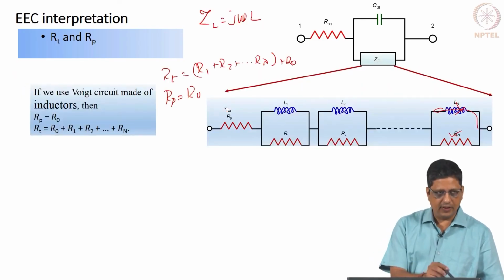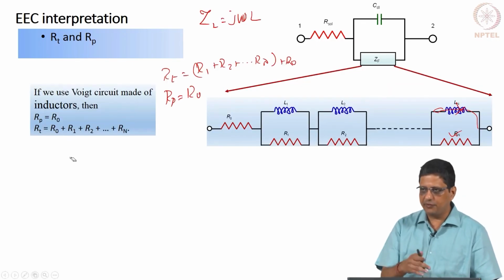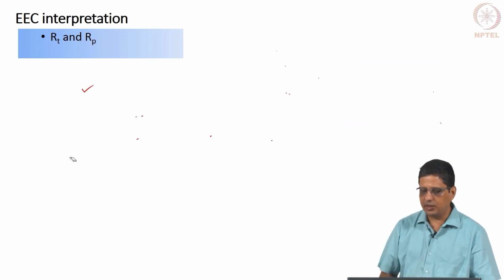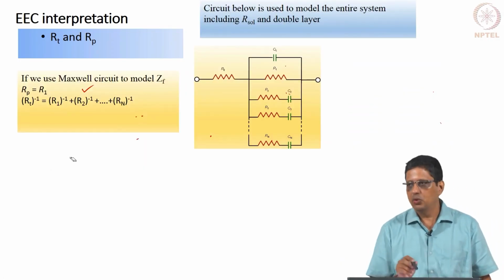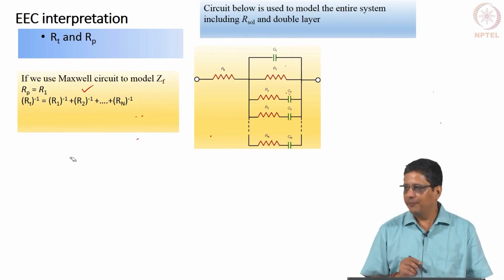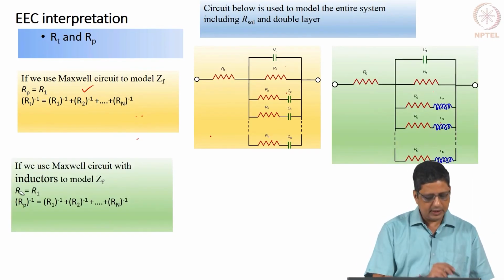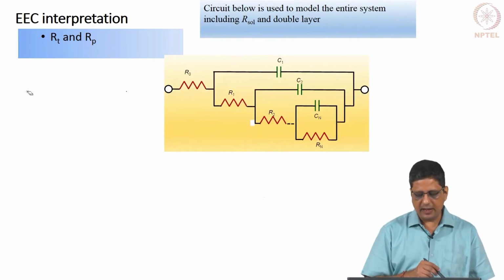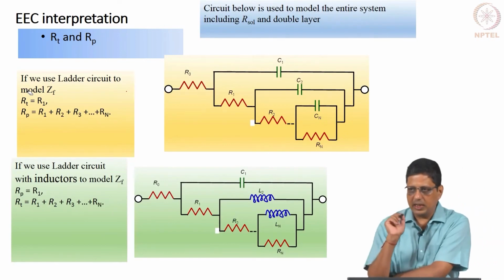I use a slightly different representation, R0 is Rp. Other one is the inverse of this resistance is going to be the sum of the inverse of all these things, etc. I use Maxwell circuit with capacitor, one resistance can be identified quickly. With inductor, another resistance can be identified quickly. This is RT can be identified, previously Rp can be identified. Ladder, again I can identify Rp or RT quickly.